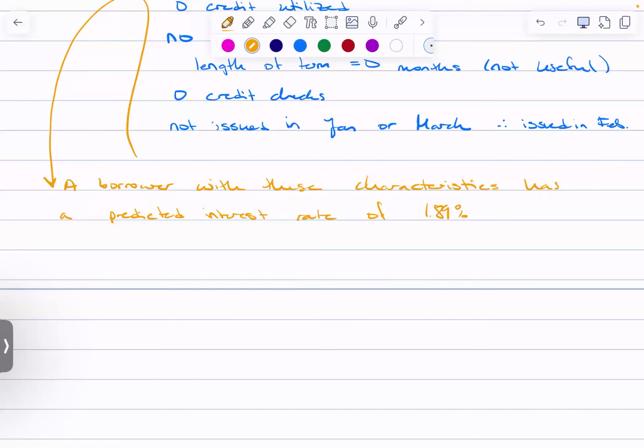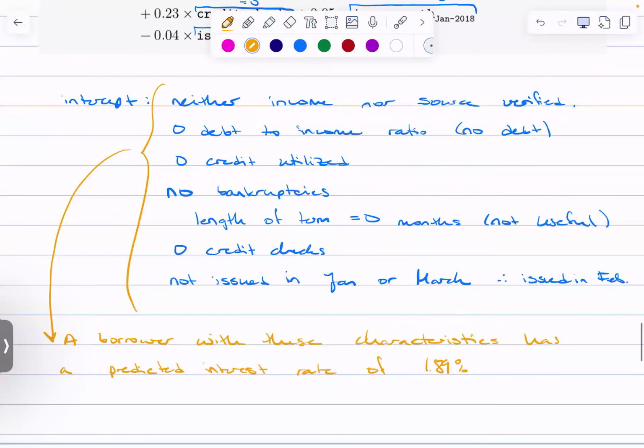Unlikely, right, to find someone like that who wants to borrow for no amount of time at all. I'm pretty sure that if you even borrowed for a day, they would bump it up to a month, right? Round it up to a month. And so 0, that's the sticking point, is the length of the term being 0.